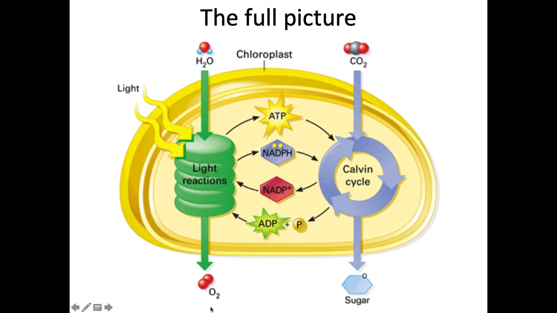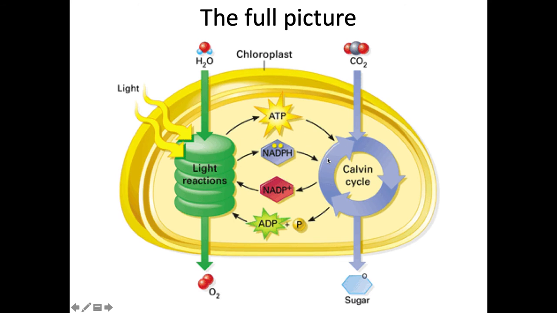Those electrons are put into the empty taxi NADP+ and sent over to the stroma to the Calvin cycle. Those H pluses are used to produce ATP from ADP and P by producing a hydrogen gradient and turning an ATP synthase. So we send over ATP and NADPH.